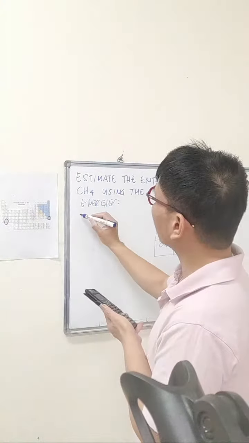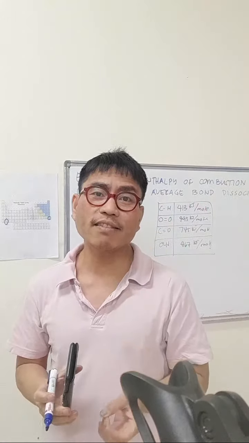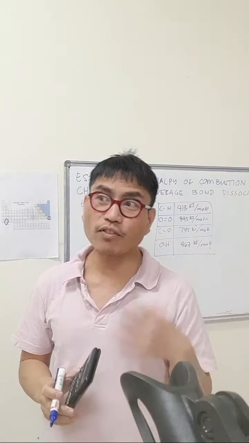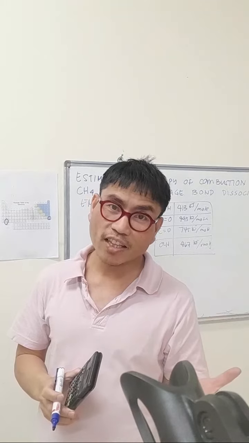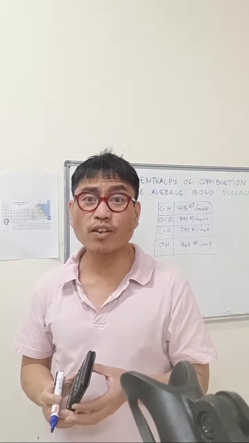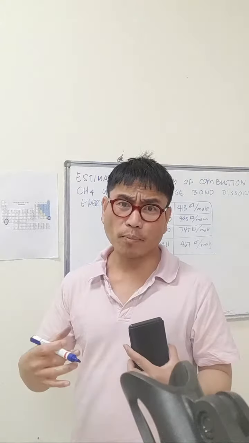Now, combustion of methane. We already know the combustion process: all combustion processes are exothermic reactions. They release heat energy to the surroundings from the system, meaning a negative delta H. Negative gives free energy, meaning a spontaneous, irreversible reaction. You get the point? It will never go back to its natural form.